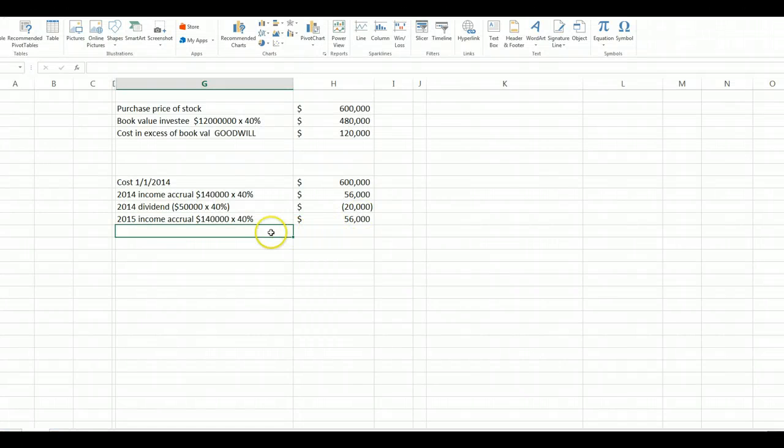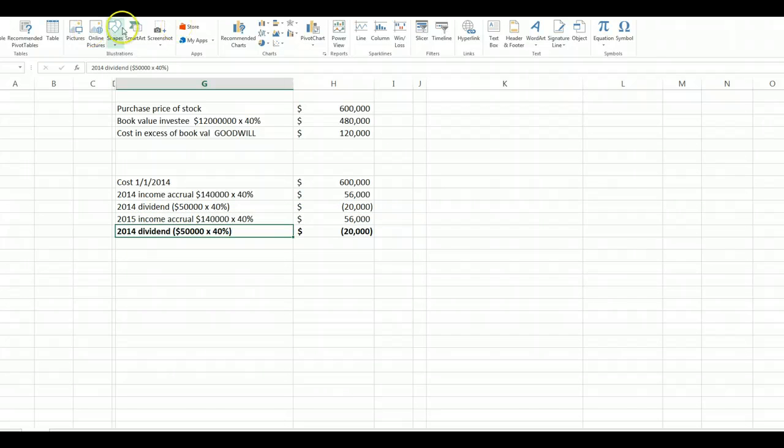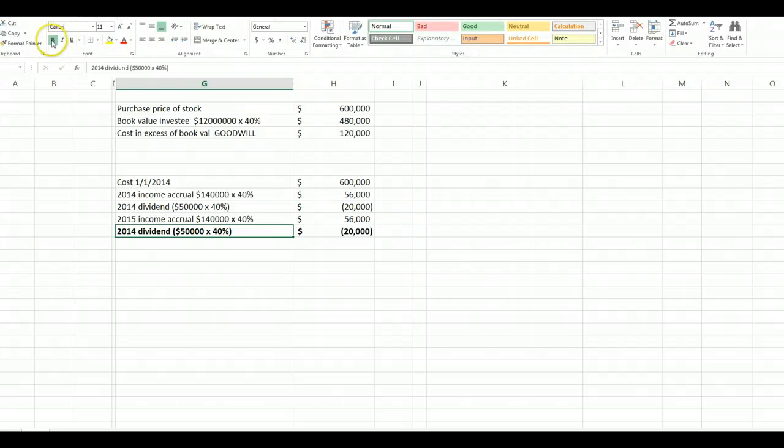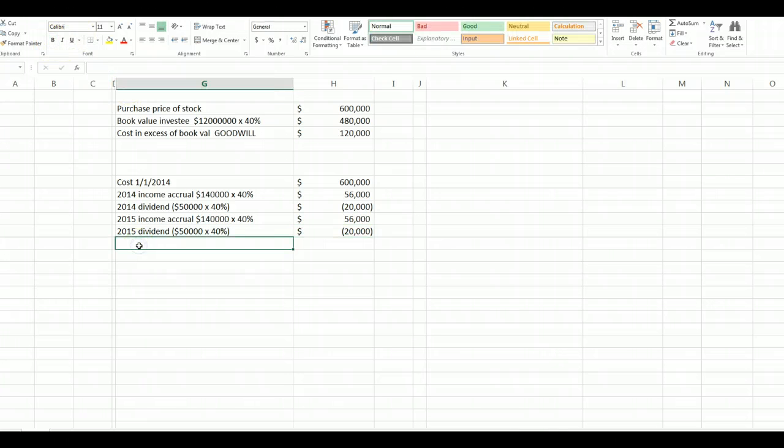So in 2015, we report the same income and the same dividend. One increases the investment account, the other decreases the investment account.